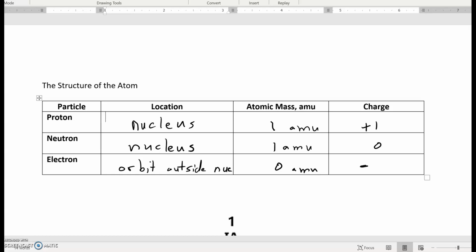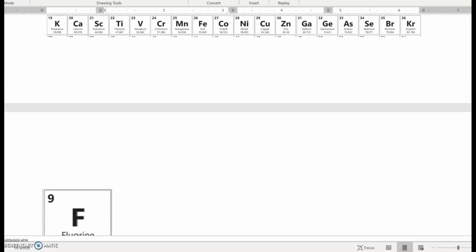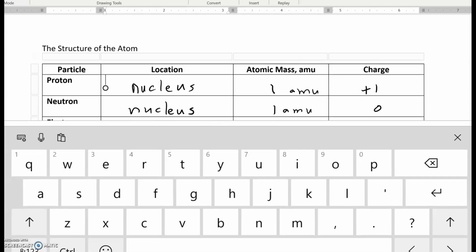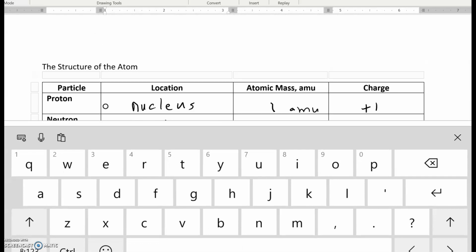But it does have a -1 charge. You need to be able to use this information to tell about what's going on in the atom. And we can use the information from the periodic table to help us with that.